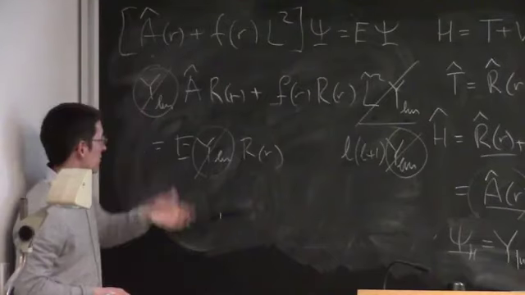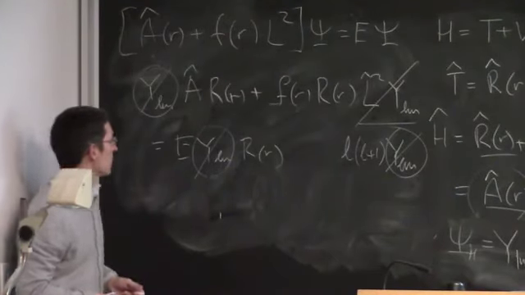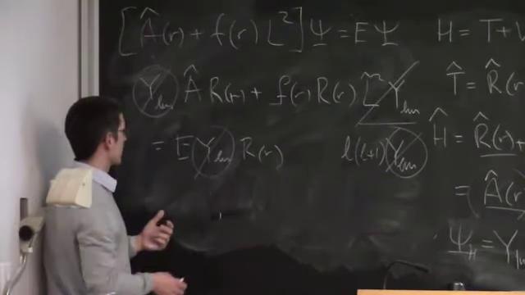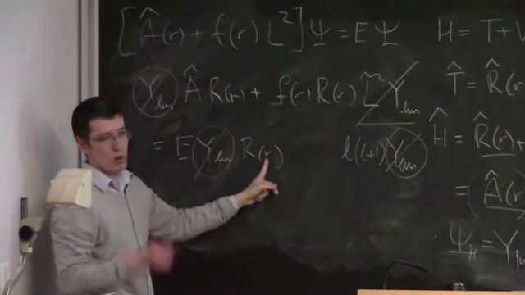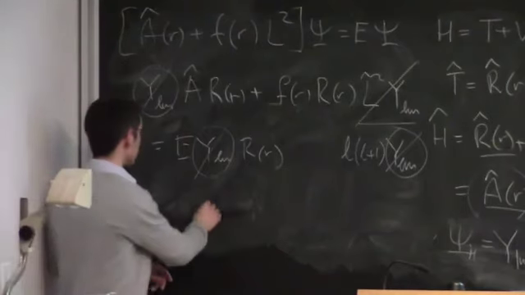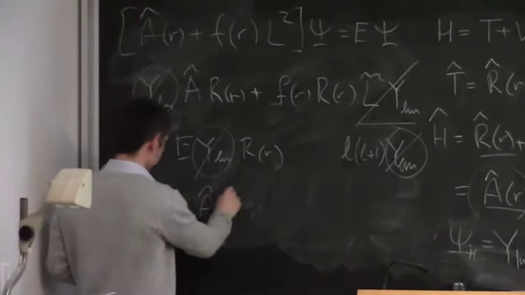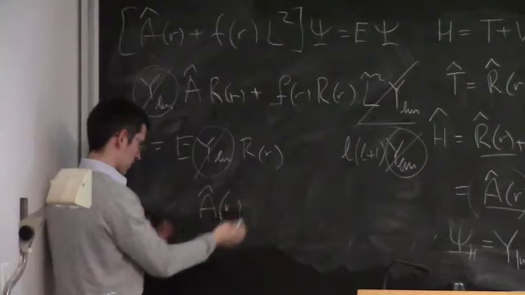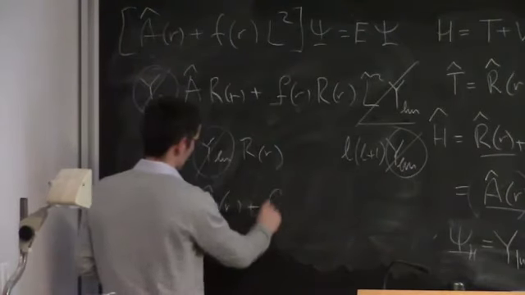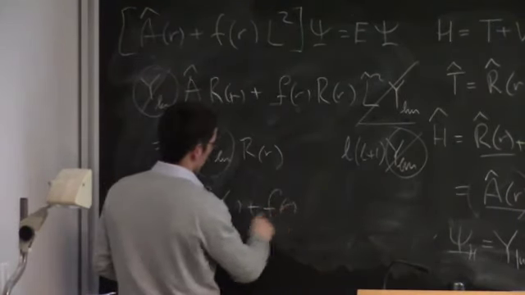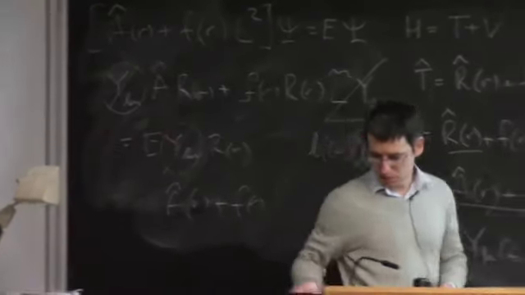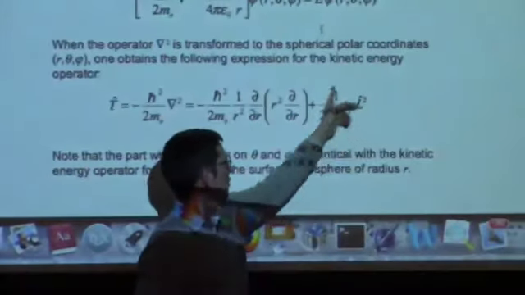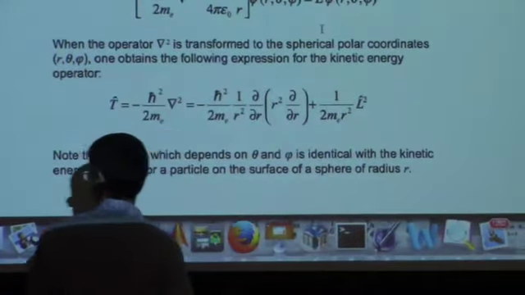So it simplifies the whole problem, because now we have an eigenvalue problem on a function which depends only on one variable, r. So we have a complicated operator that comes from the kinetic energy plus a function of r, some other part. This is the function of r in front of the L square.